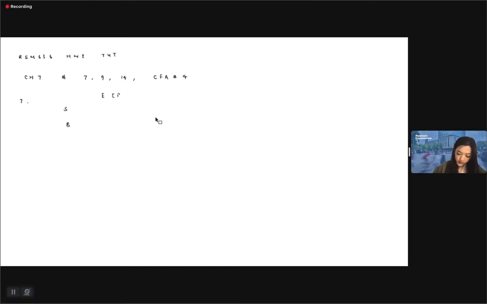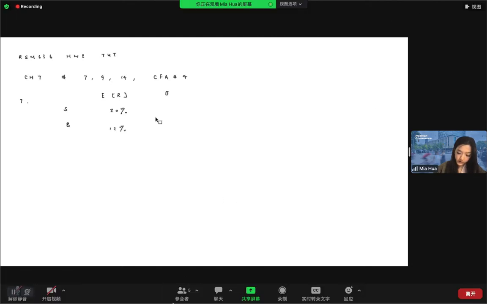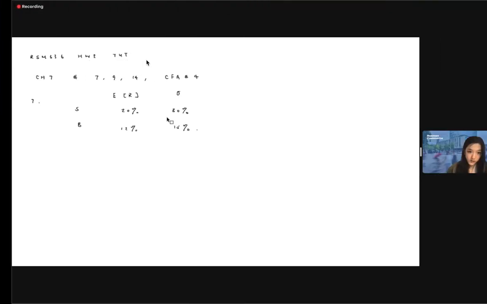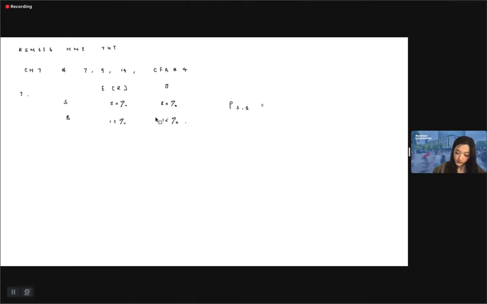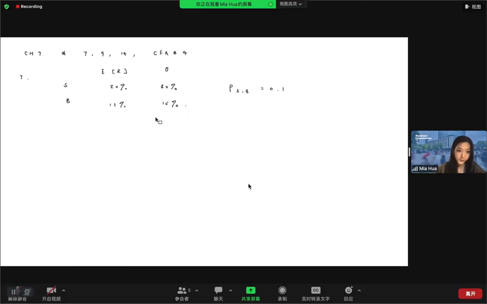The expected return on stock is 20%, on bond is 12%. The standard deviation is 30% and 15%, and the correlation between stock and bond equals 0.1.